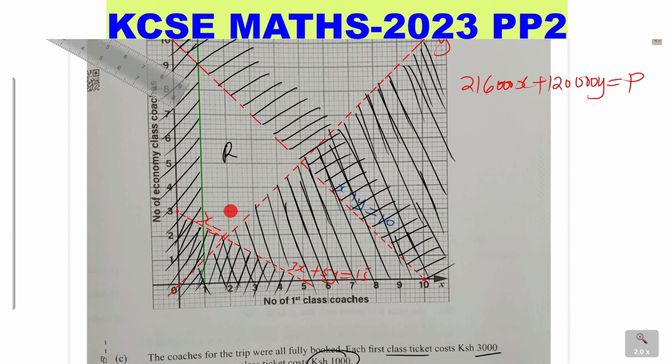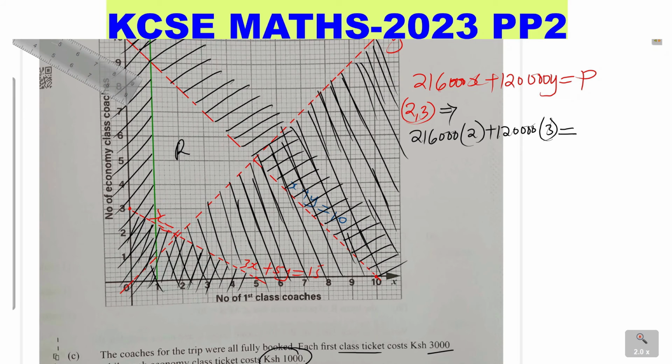Let me inspect this one first. (2, 3). So when you substitute this one, we get 216,000, then x is 2, plus 120,000, y is 3. So this one will give 792,000. The next one we need to inspect is (4, 5). (4, 5) is this point here.